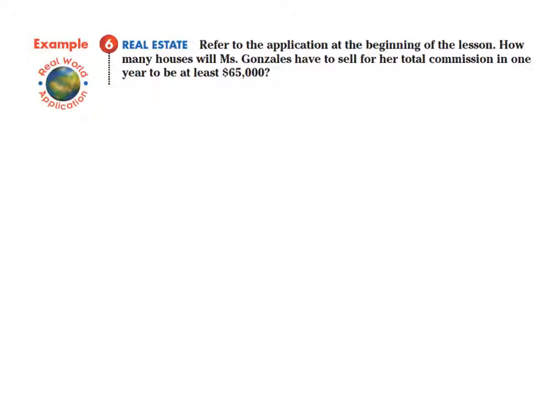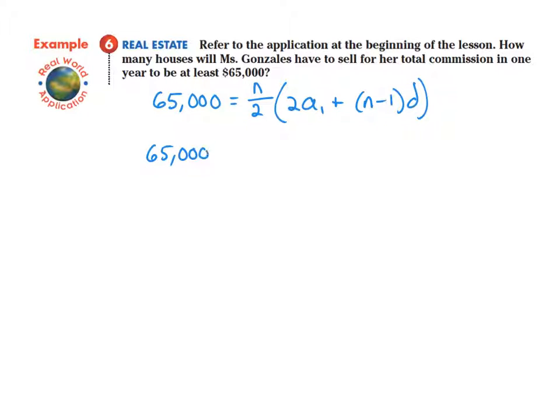So we need to take that total amount that she's trying to reach, $65,000, and we're trying to figure out how long that would take, right? So we'll say n over 2, and we're going to use that other formula, 2a1 plus n minus 1 times d. And what do we know already? Maybe you don't remember because I just read off 5,000 values to you, but we know n is what we're trying to figure out.